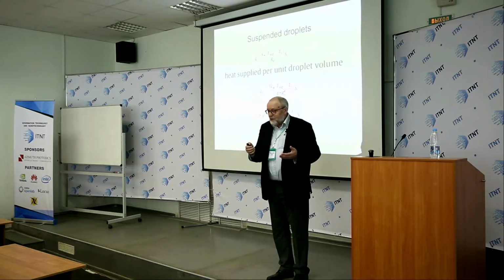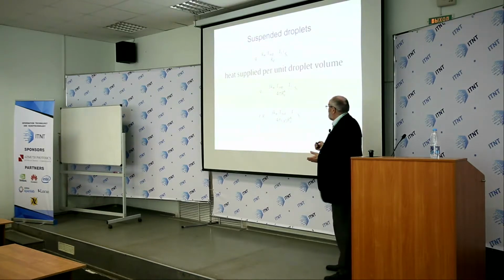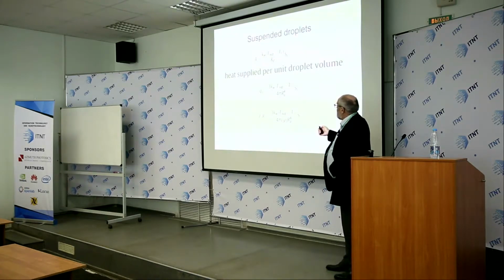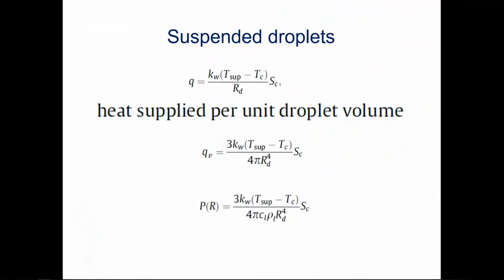And when this mixing takes place, then we can replace this heat transfer to the droplet by heat supplied to the unit volume of the droplet. So we assume that this heat supply to the droplet is uniformly distributed inside the droplet.